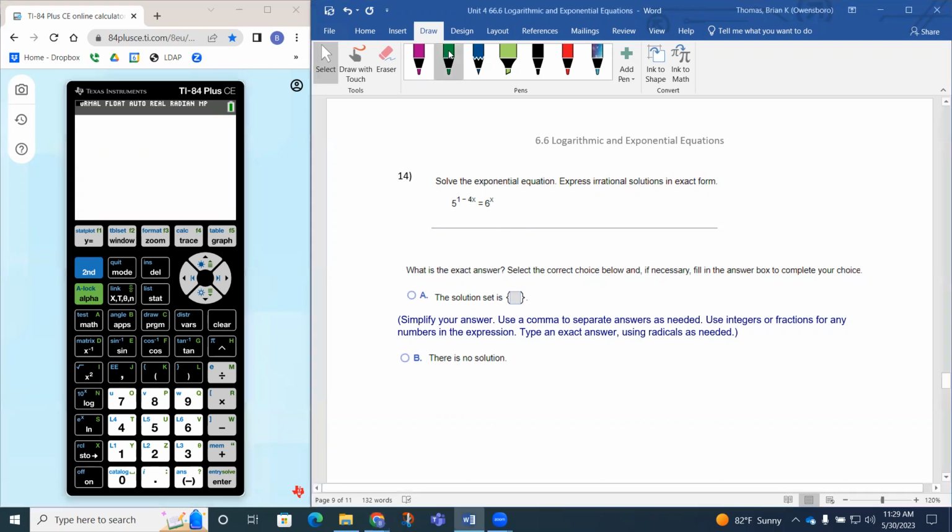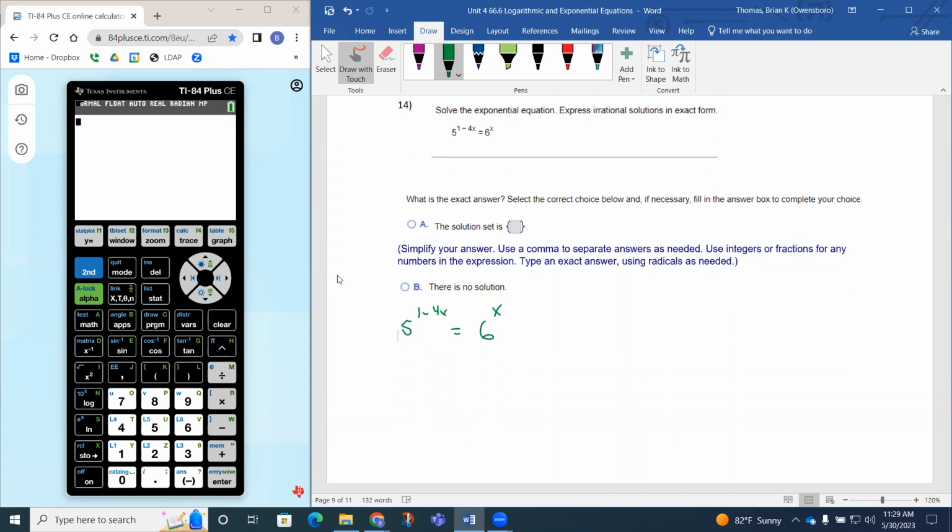So I have 5 to the 1 minus 4x equals 6 to the x. But what I can do is take the natural log of each side. So this becomes the natural log of 5 to the 1 minus 4x equals the natural log of 6 to the x.